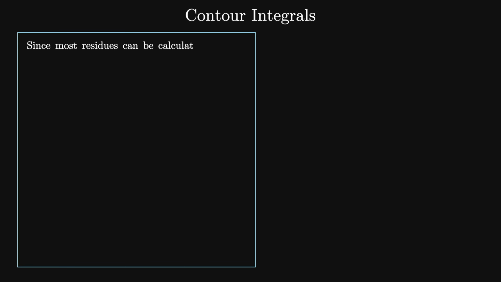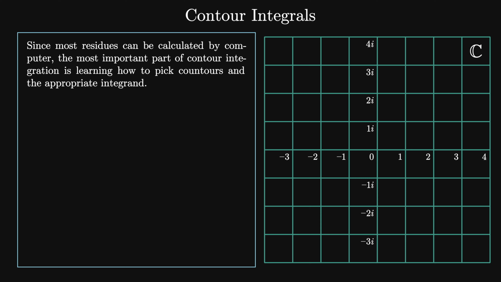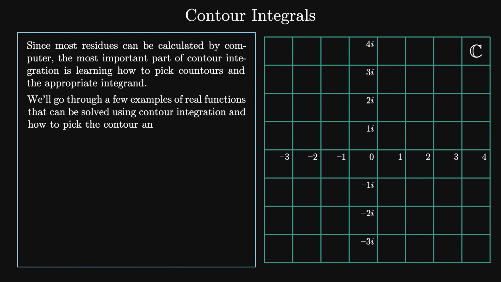Since most residues can be calculated by computer, the most important part of contour integration is learning how to pick contours and sometimes how to pick the appropriate integrand. We'll go through a few examples of real functions that can be solved using contour integration and show how to pick the contour and the integrand for each case. Number 1, the integral from minus infinity to infinity of 1 over (x squared plus 1) squared dx.